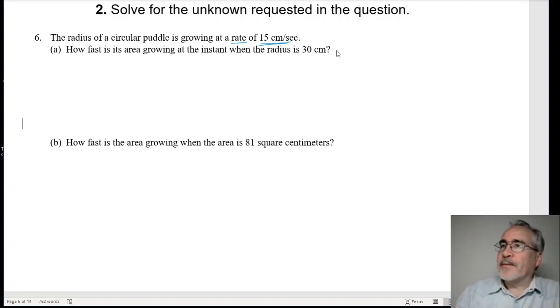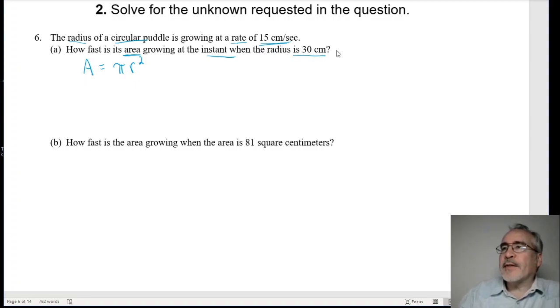So we've got a circular puddle dealing with a radius, and we're looking at area. What is an equation that relates area and radius? Area is equal to pi r squared. And we're given information about a particular instant in time when the radius is 30 centimeters.